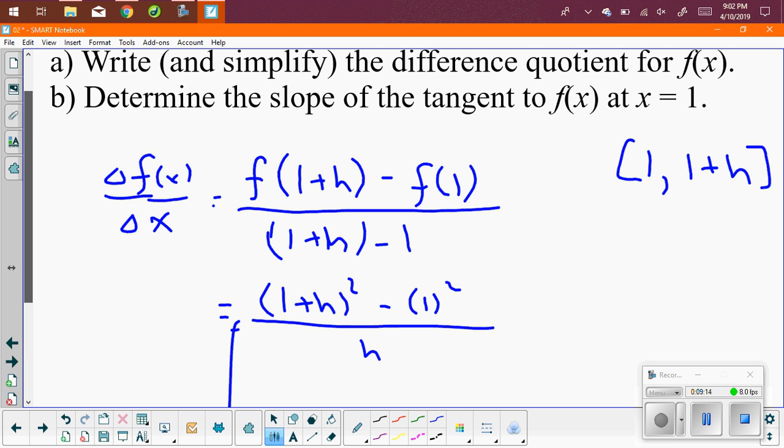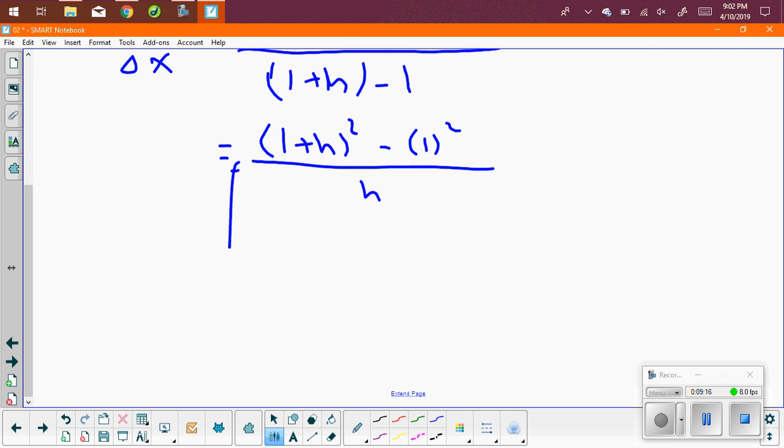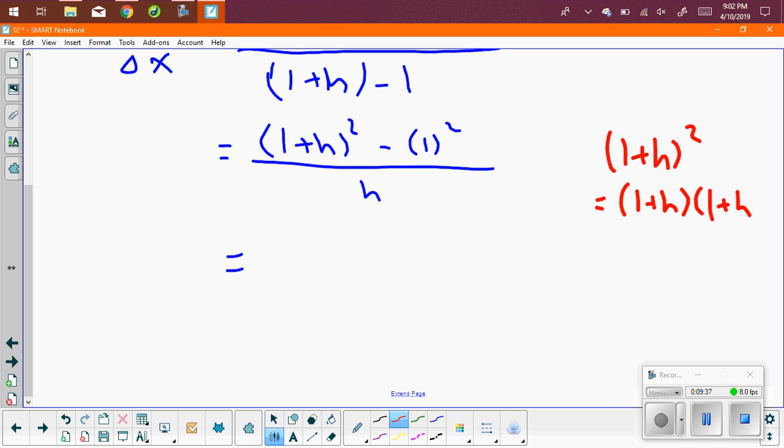Now let's do some expanding. So that 1 plus h squared, and this is where the algebra stuff gets really important. I'm going to get this on the side because it came up on the feature midterm a bit. If I have 1 plus h squared, that means I'm doing 1 plus h times 1 plus h, and now I have to distribute that out.